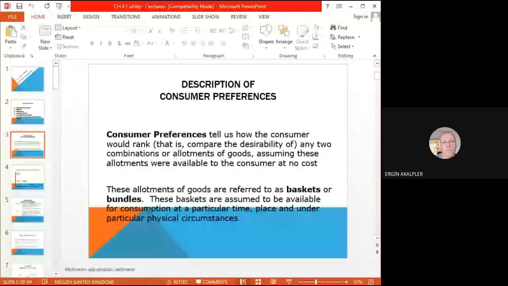These allotments of goods are referred to as a basket, which we combine with the budget line or budget constraint, and then we use this basket as it is given for the available consumption or the combination in a particular period of time, place, under particular physical circumstances. Therefore, we have to find the best possible option in a given scenario where ceteris paribus is applied.